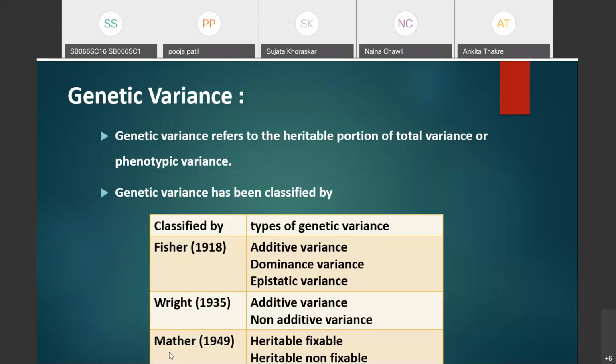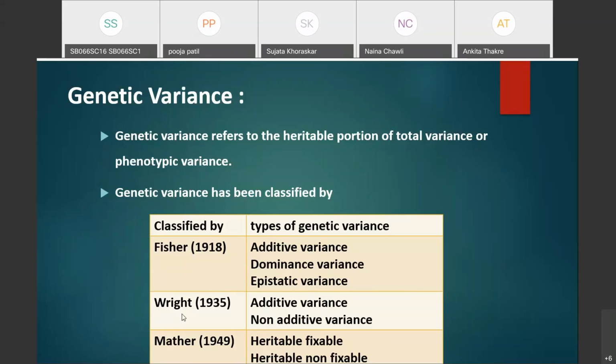Then the genetic variance has been classified by different scientists in various ways. Here you can see Fisher in 1918 classified the genetic variance into three types. The first one is the additive variance, the second one is the dominance variance, and the third one is the epistatic variance.